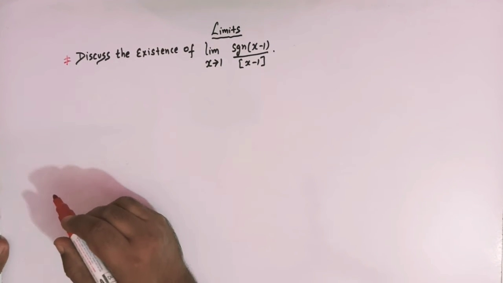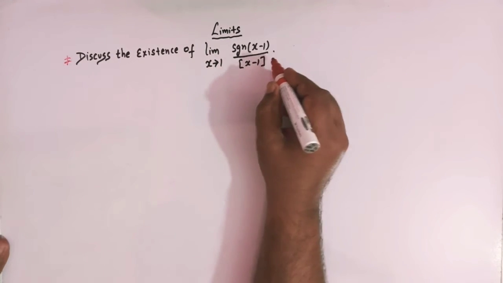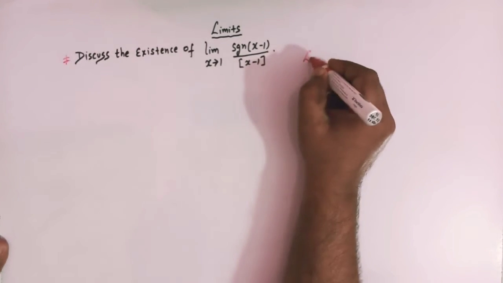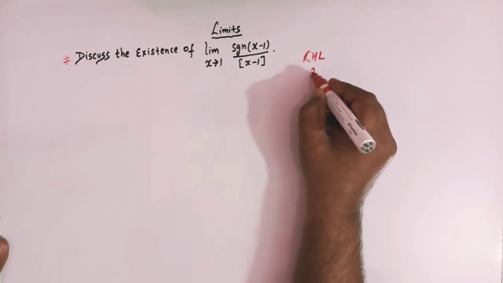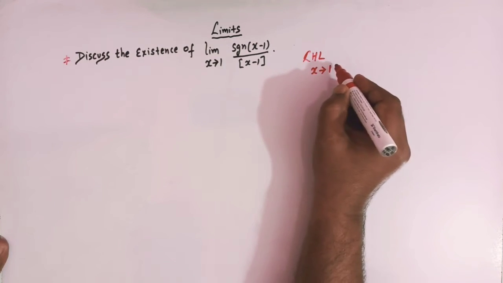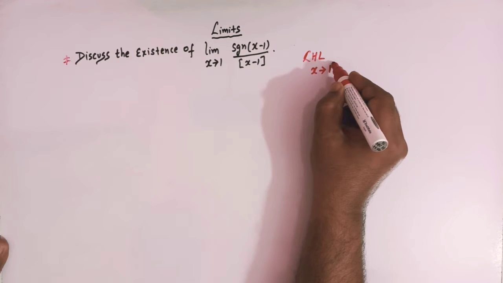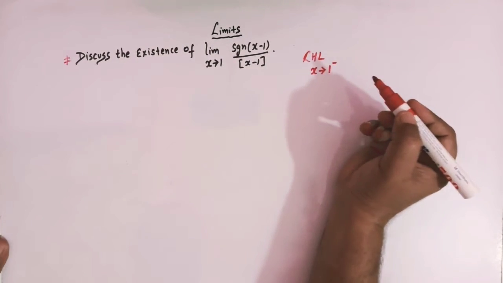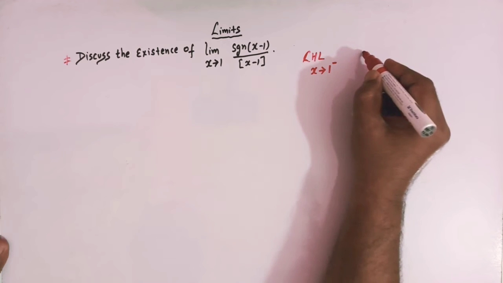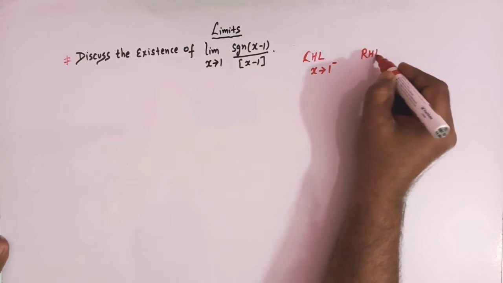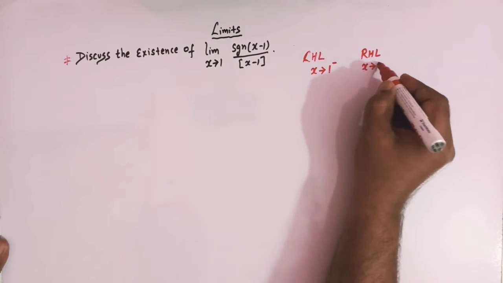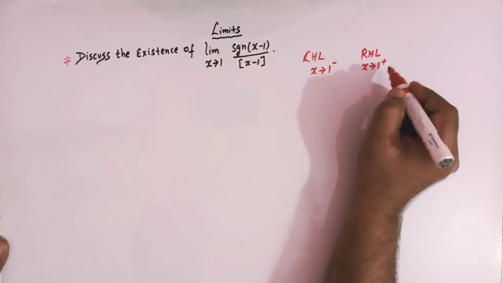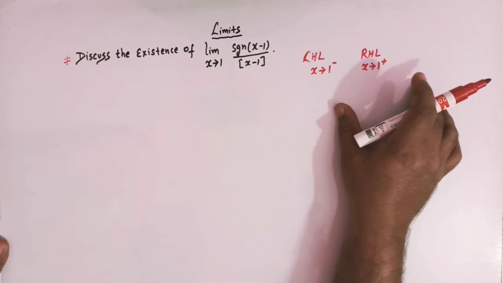So what we will do, we'll find the left hand limit of this function when x tends to 1 from the left of x is equal to 1. And similarly, we'll find out the right hand limit of this function when x tends to 1 from the right of x is equal to 1.